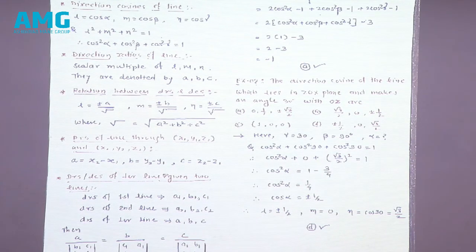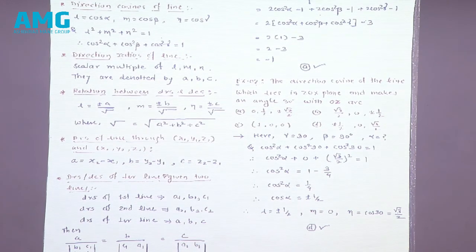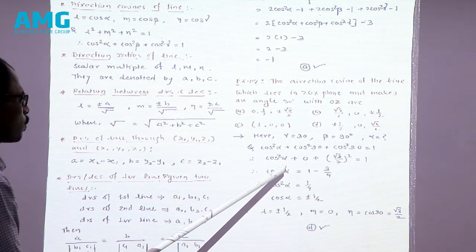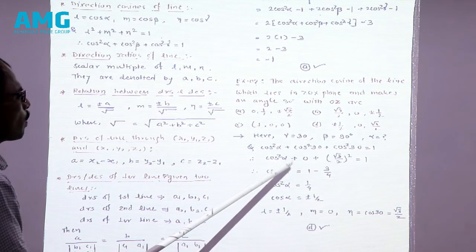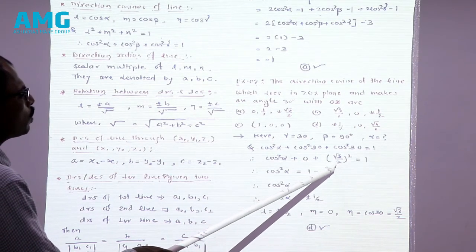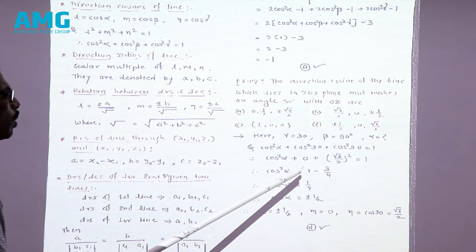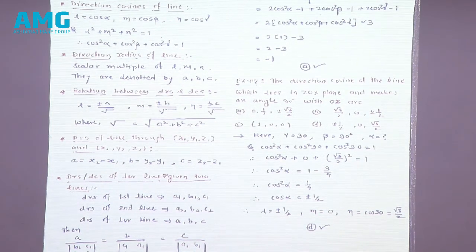Now cos² alpha + cos² beta + cos² gamma = 1. With beta 90 and gamma 30: cos² alpha + 0 + (root 3 by 2)² = 1. So cos² alpha = 1 − 3/4 = 1/4, and cos alpha = ±1/2.